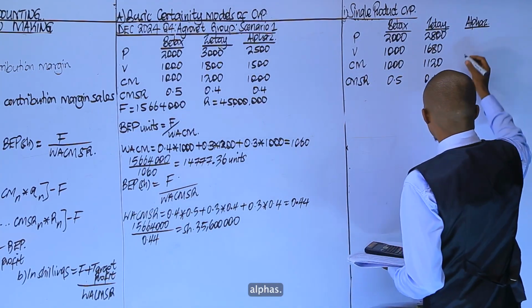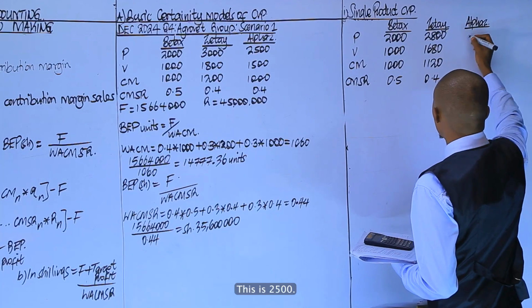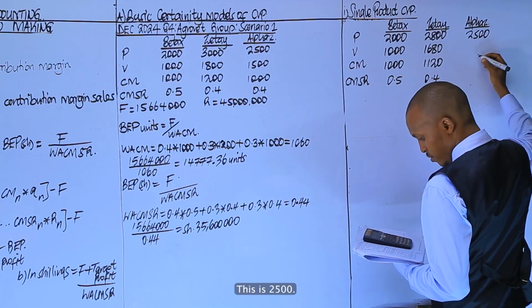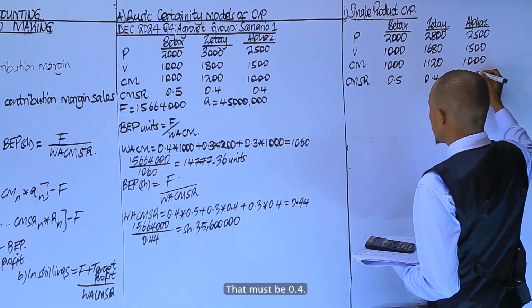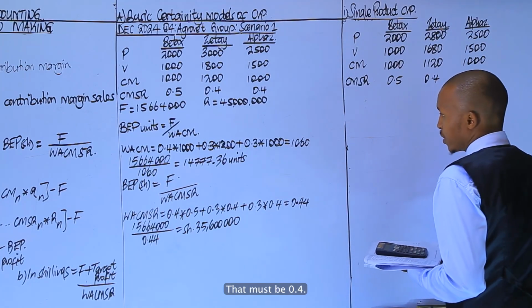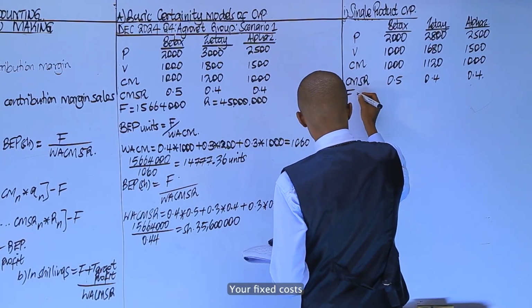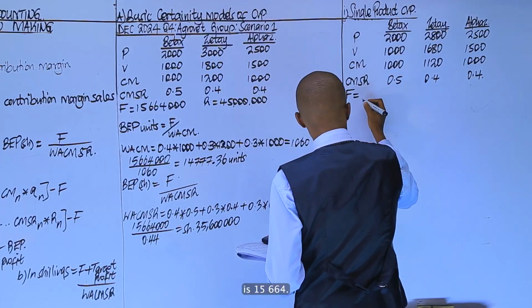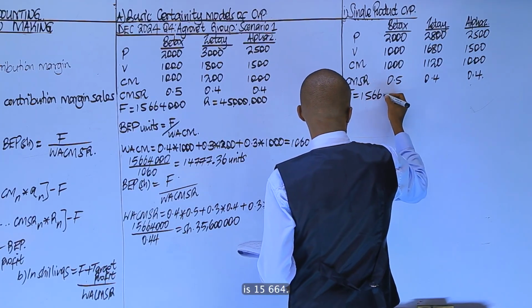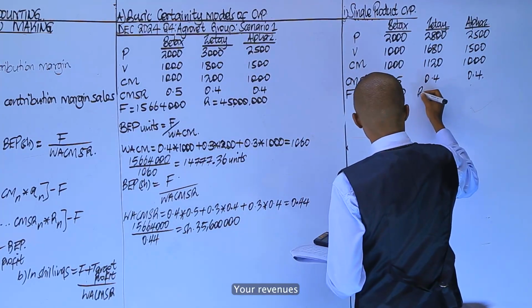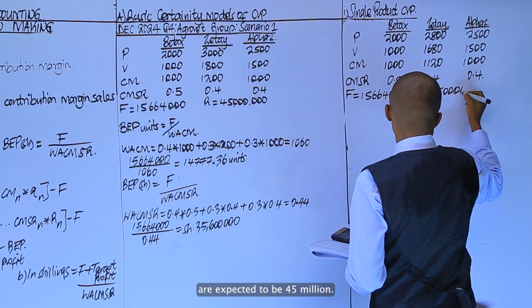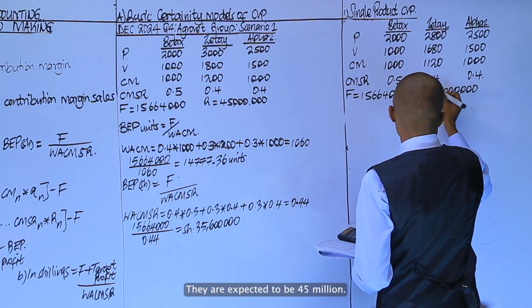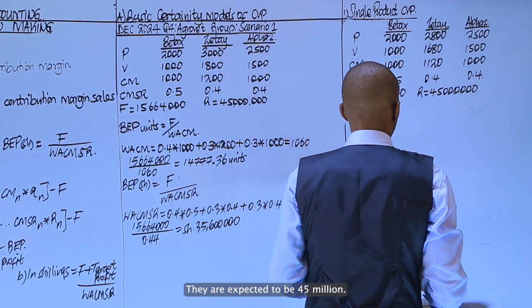Alphas, this is 2,500, that must be 1,000, that must be 0.4. Your fixed costs is 15,664,000. Your revenues are expected to be 45 million.